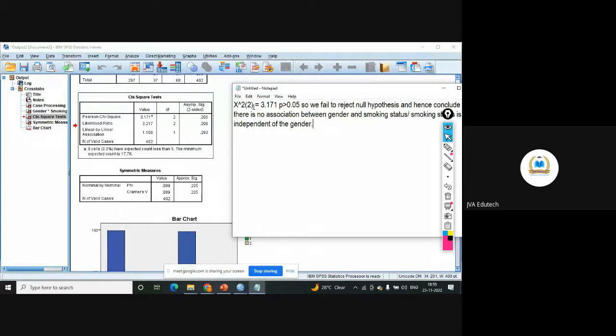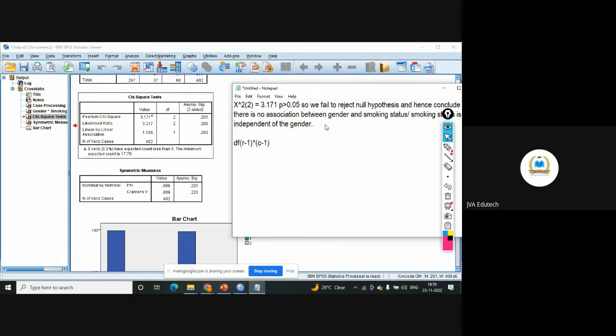And the formula, I have already told you: chi-square is equal to the sum of observed minus expected frequency squared, upon expected frequency, where expected frequency is equal to row total times column total upon grand total. And the degree of freedom, because I have been telling about the degree of freedom for all the tests, in this case is equal to rows minus 1 times columns minus 1.